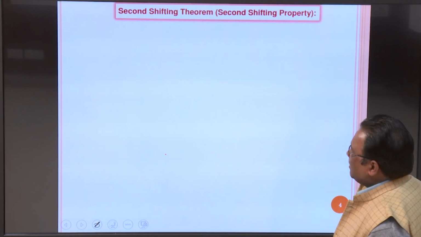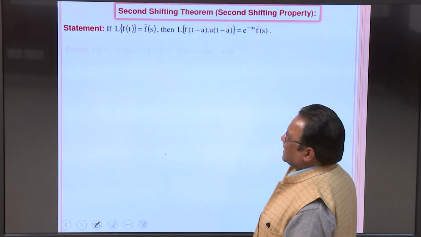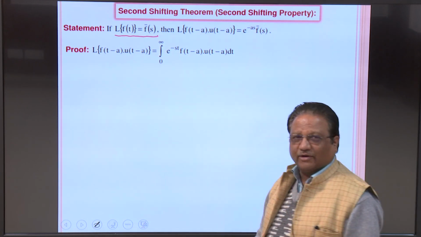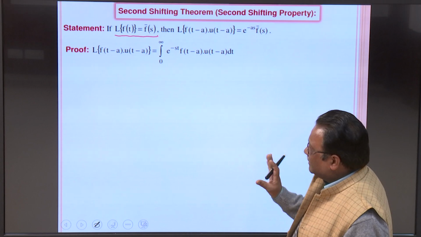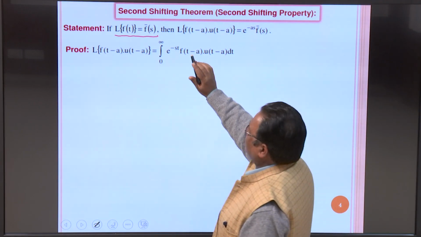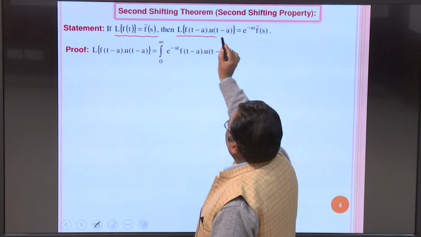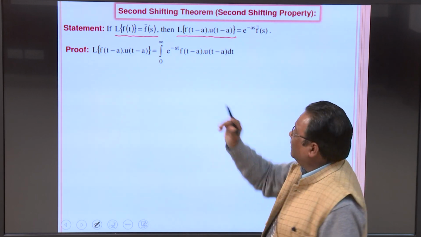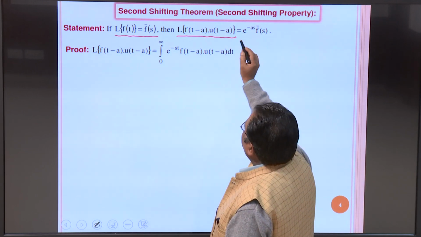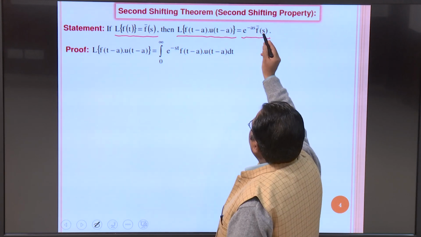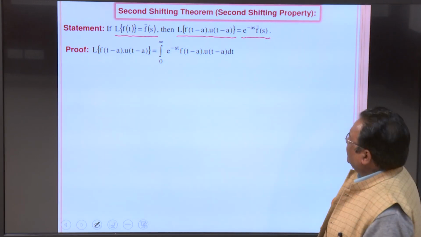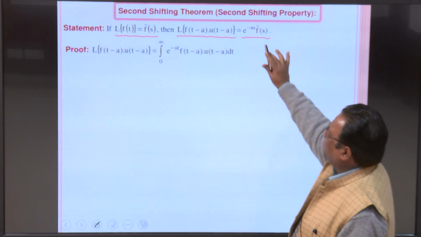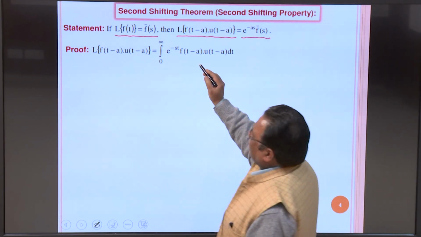The statement of this second shifting property is: if the Laplace transform of f(t) is equal to f bar(s), then the Laplace transform of f(t minus a) u(t minus a), where u(t minus a) is the unit step function, is equal to e raised to the power minus as times f bar(s). You have to prove this. So, let us start from the left side.